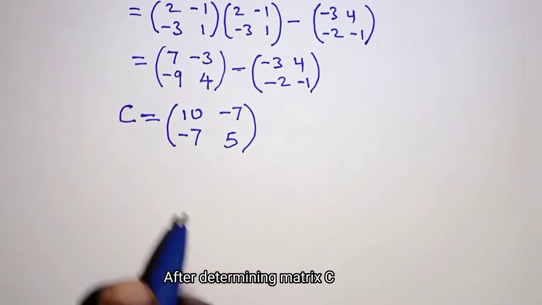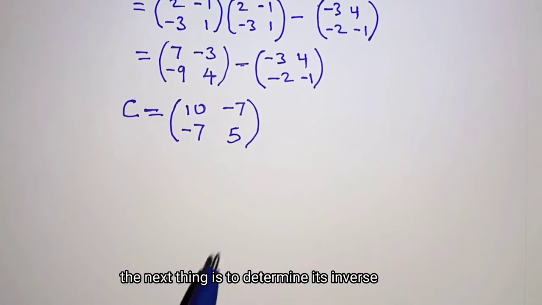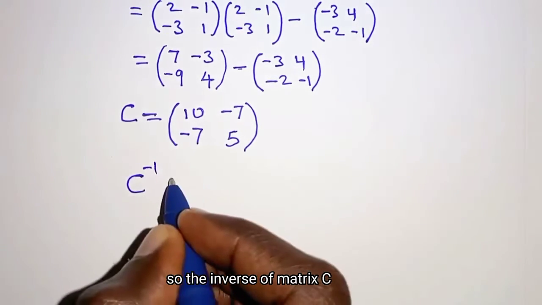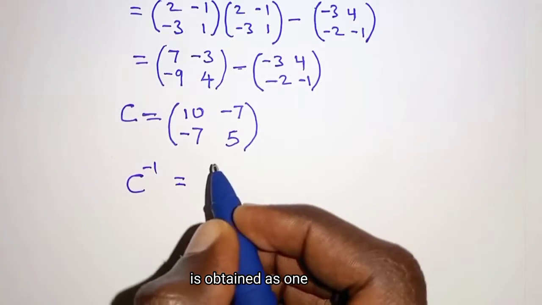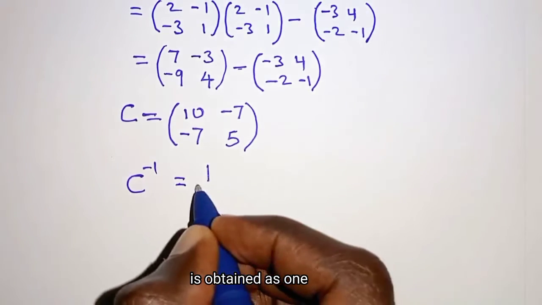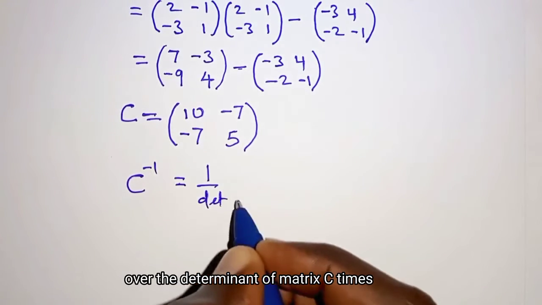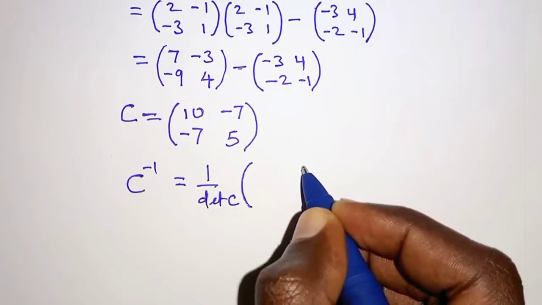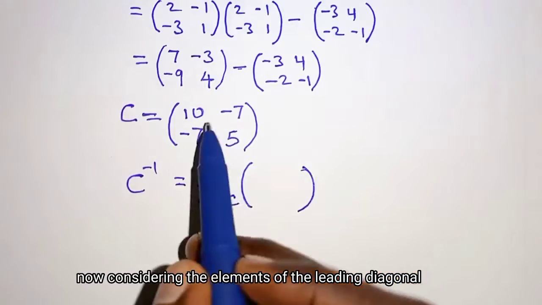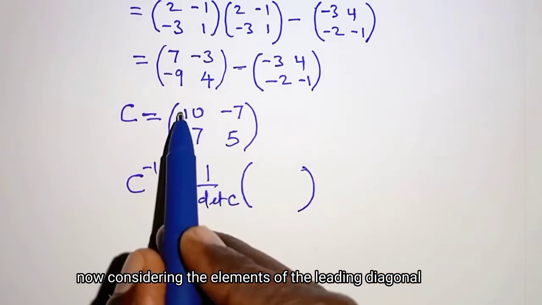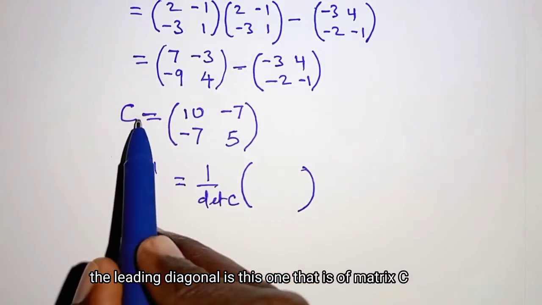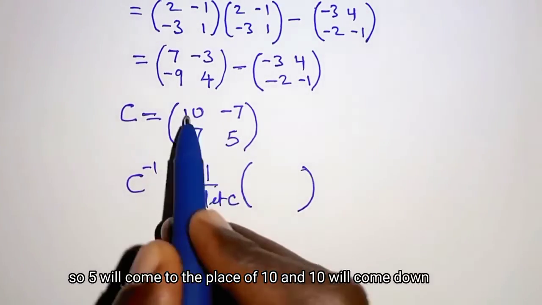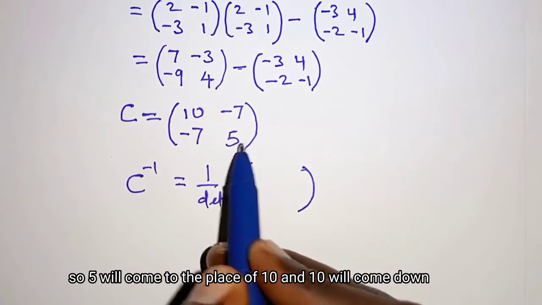After determining matrix C, the next thing is to determine its inverse. So the inverse of matrix C is obtained as 1 over the determinant of matrix C times, now considering the elements of the leading diagonal of matrix C, we'll have them swapping position, so 5 will come to the place of 10 and 10 will come down.